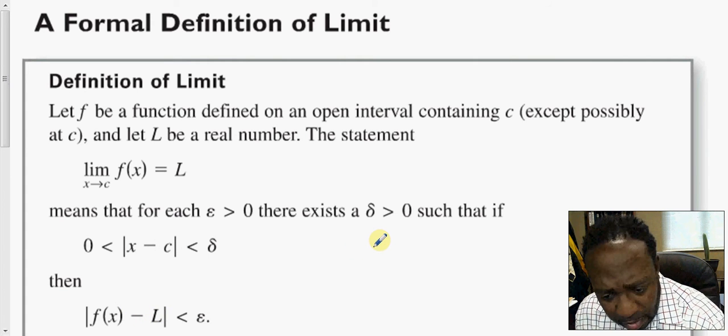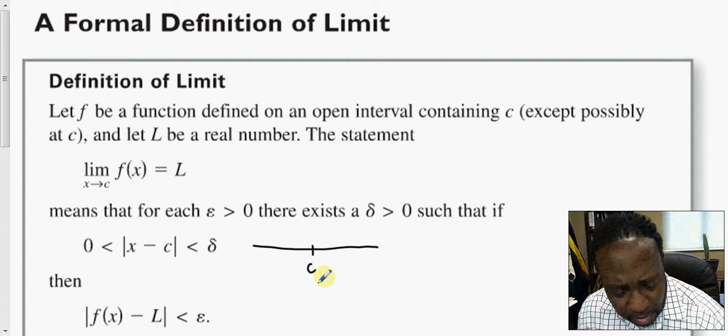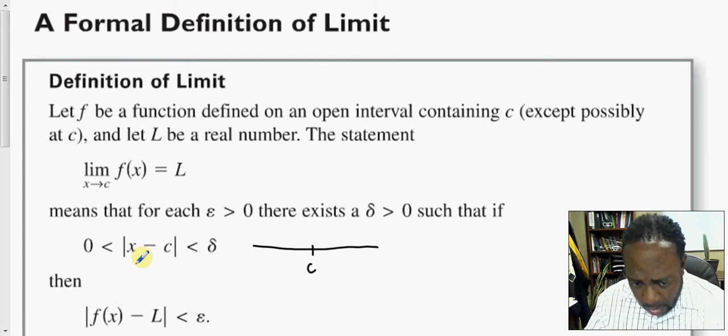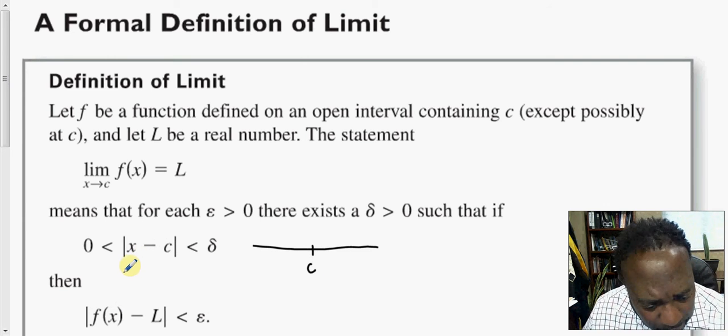And what we mean here is that if we're on the x-axis and we have the value of c, we have a neighborhood here for this so-called absolute value of x minus c less than delta.